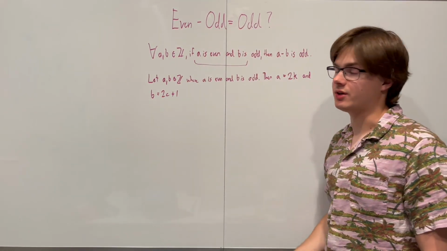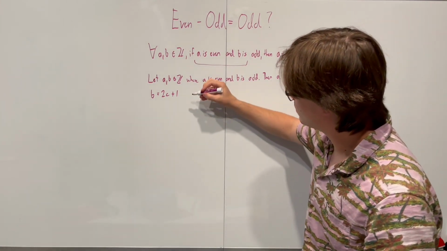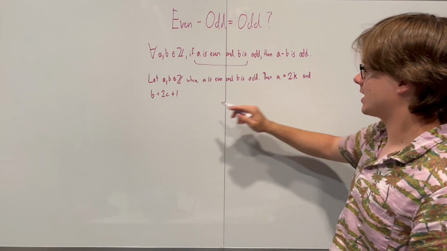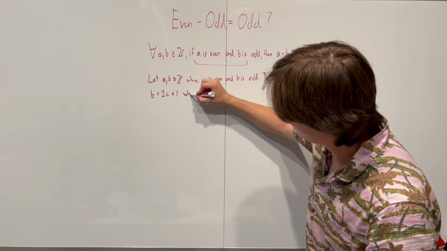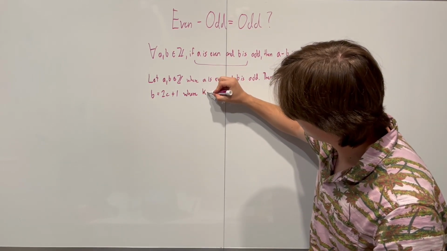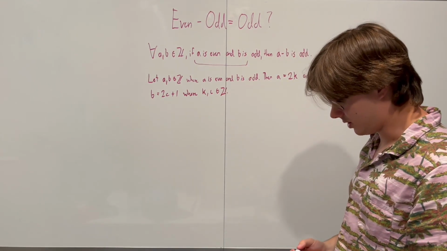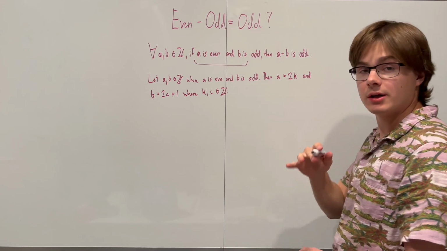I'm trying to always use different letters so you don't get used to a certain notation. Now that we've defined what A and B are, we've introduced k and c, so we should define what we mean by k and c. So we say where k, c are integers. Fantastic.